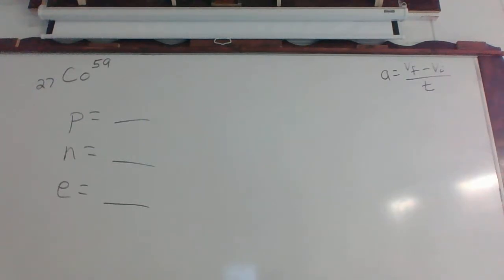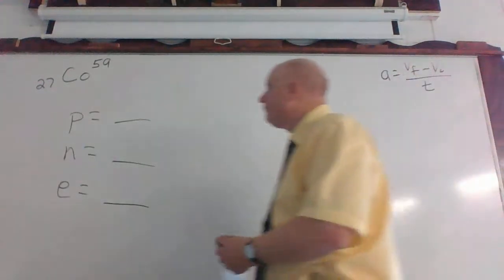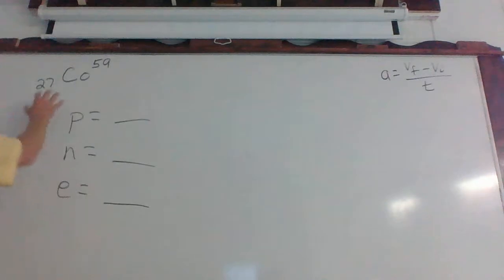Protons, neutrons, and electrons. What about the charge? It would, but we said this one's neutral. Two of the three are. We're saying two, they're all 27. I would agree with two of them. So, how many protons does cobalt have?